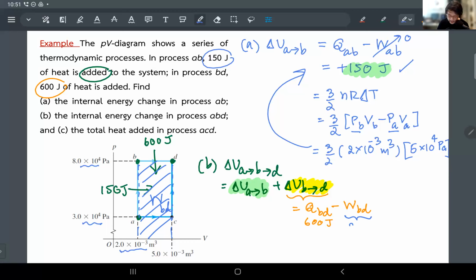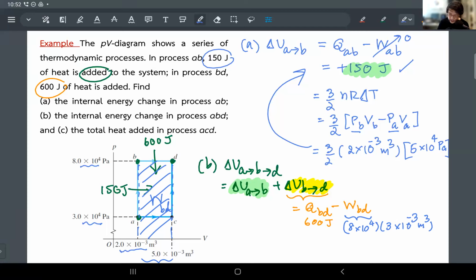It's going to be 8 times 10 to the 4th, the height, times the width, which from 2 to 5 changes by 3, so 3 times 10 to the negative 3 cubic meters. That is the amount of work done from B to D. We know it's positive because the gas is expanding.